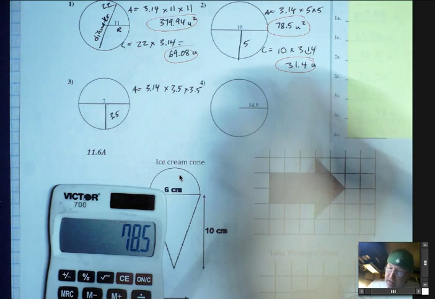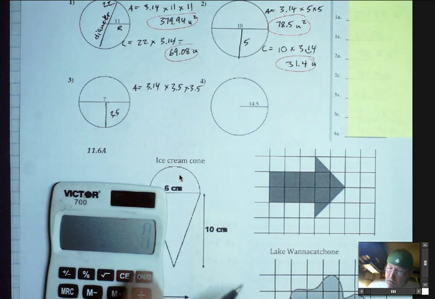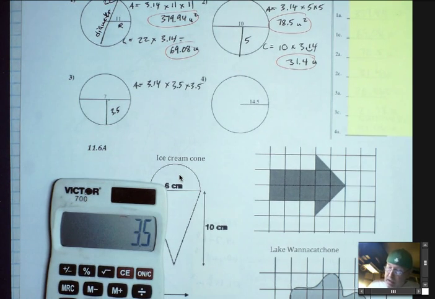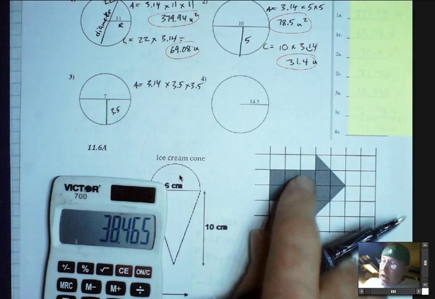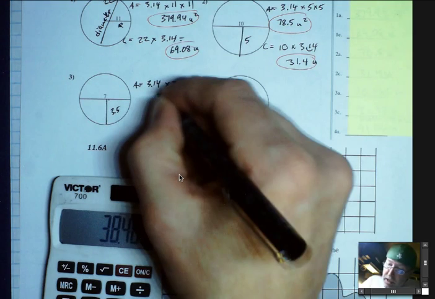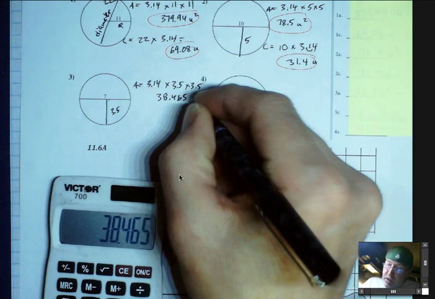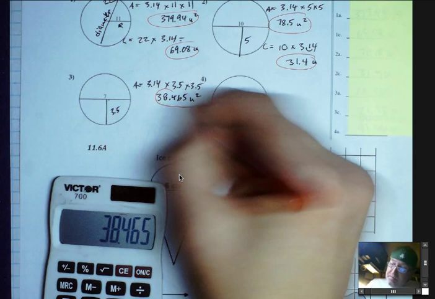So let's get that in there. 3.14 times 3.5 times 3.5 is equal to 38.465. And that's area, so that's going to be units squared again. Let's circle that so you can see it a little more clearly.